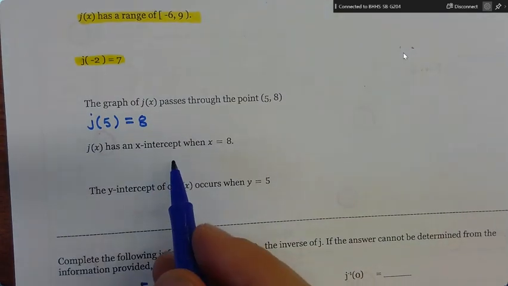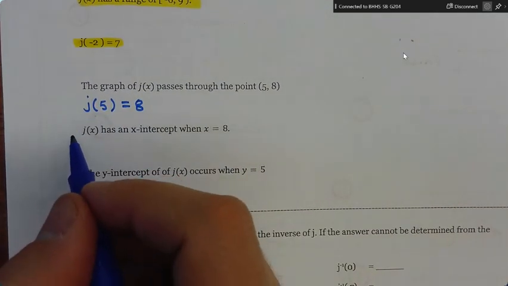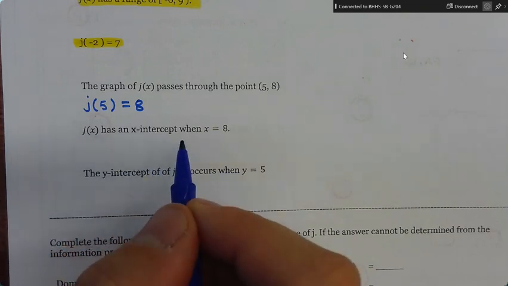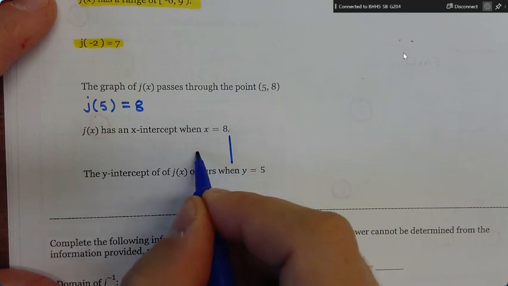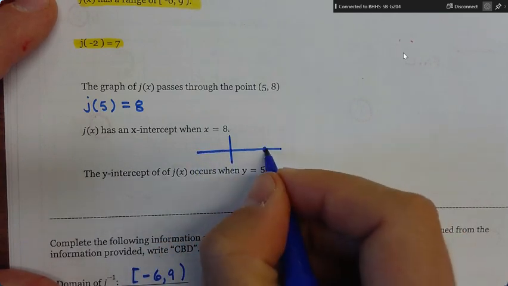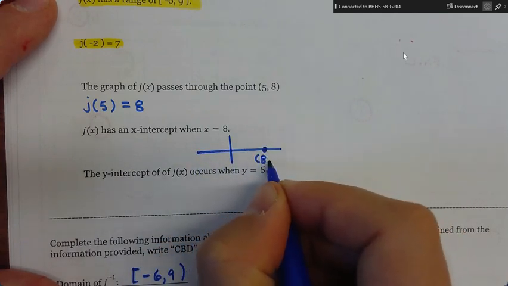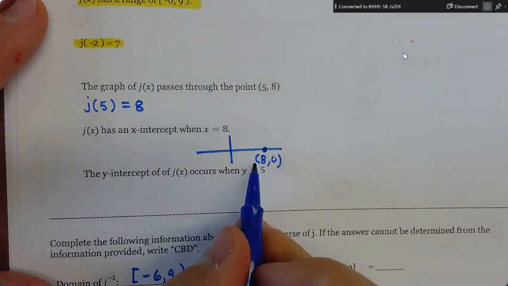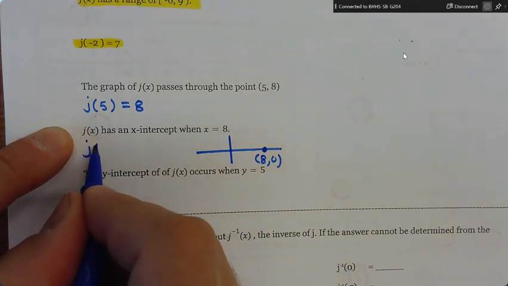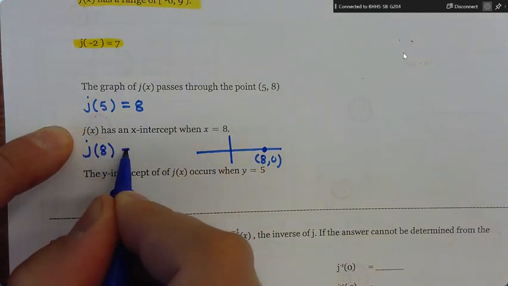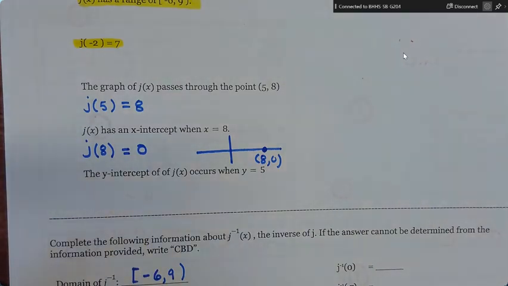Ooh, this one's a little more challenging. Jake has an x-intercept when x is equal to 8. So that would mean that Jake goes through this point right here. Isn't that on the x-axis? Oh, okay. So that's actually not so bad. If we know that, that means Jake of 8 is equal to 0.